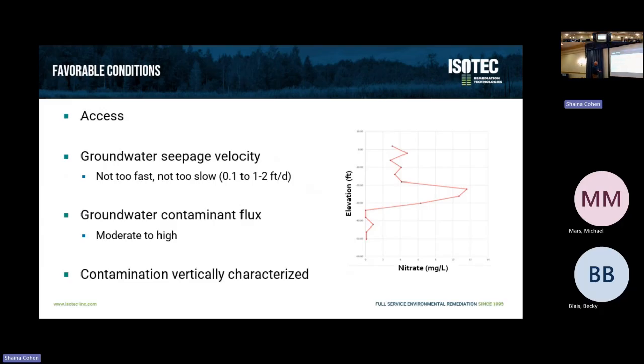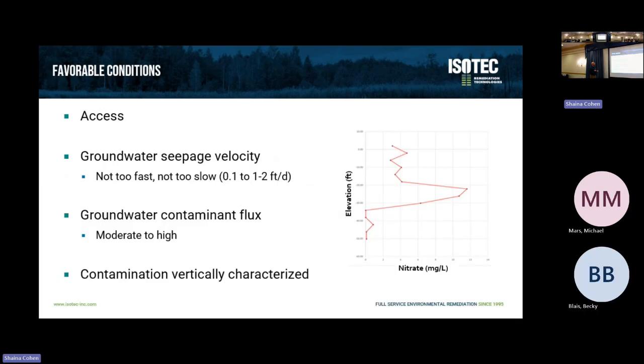Also, having characterization, and for a PRB in particular, vertical characterization. Alana mentioned earlier, oftentimes 80% of your mass is in 20% or less of your aquifer thickness. Here is an example of a site where we had groundwater sampling for nitrate every 4 feet. We can see here we've got these really nice spikes.